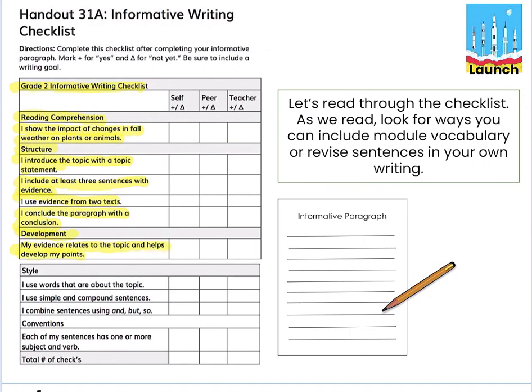So if I'm writing about plants or animals, I'm not talking about the ice cream cone that I ate last week. And we have style. I use words that are about the topic, so using some of those vocabulary words that we've been working on. I use simple and compound sentences. I combine sentences using and, but, or so. If you have compound sentences, you should also have those conjunction words.